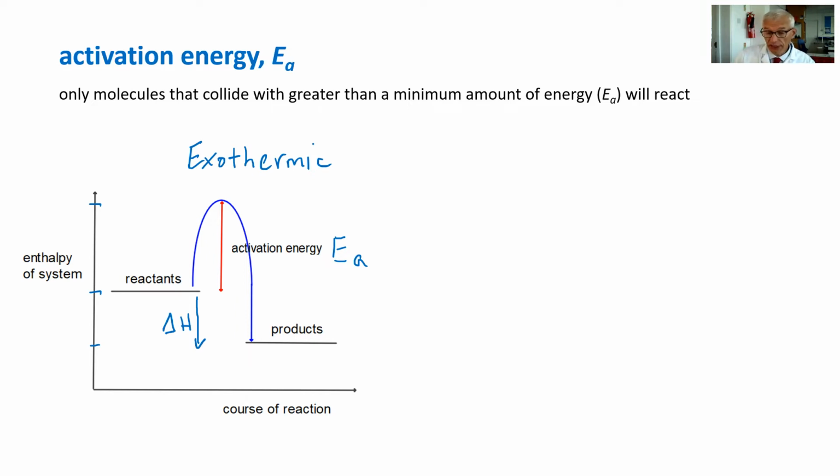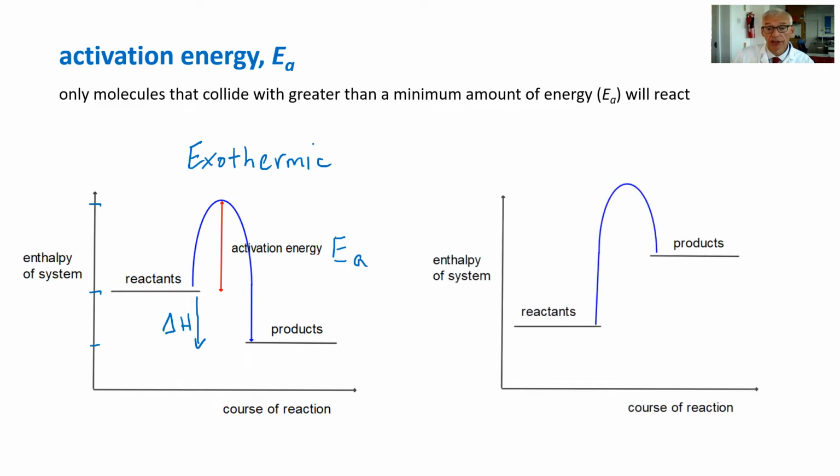Okay, so looking at this, we see that the enthalpy change for an endothermic reaction still has an activation energy that is the difference between the reactants and the top of the activation energy barrier, or the activation energy curve. So what might be referred to as the activated state up here.